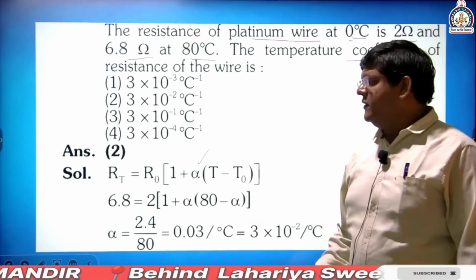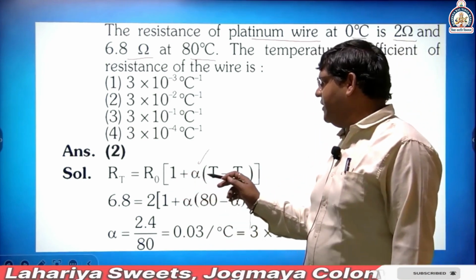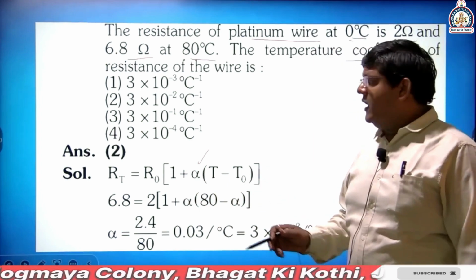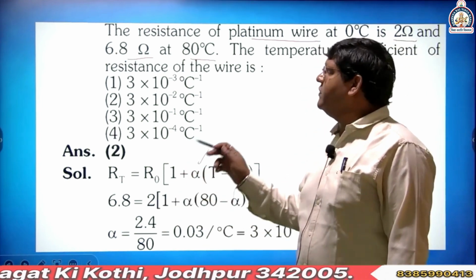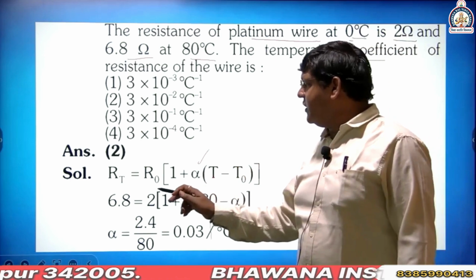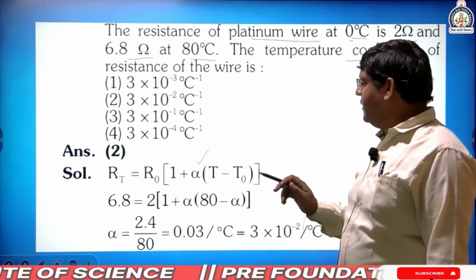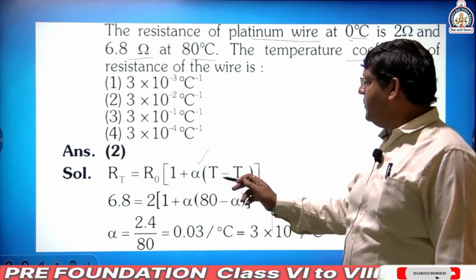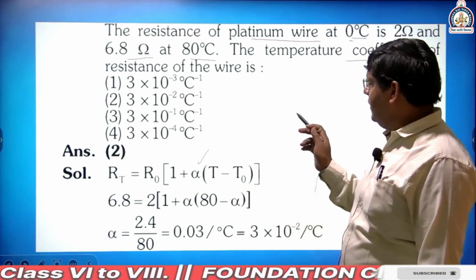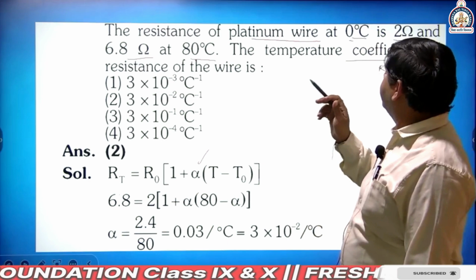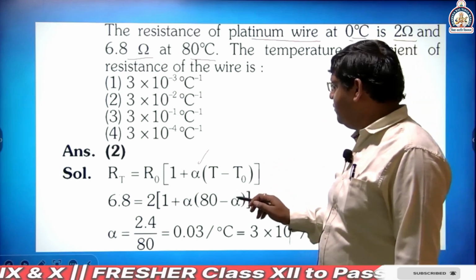We know the relation is R_T is equal to R naught times (1 plus alpha times (T minus T naught)). R naught is given, the first value is 2 ohm. So R naught is 2, R_T is 6.8, alpha we have to calculate, T naught is the initial temperature, and capital T is 80 degrees Celsius. So T naught is actually 0.